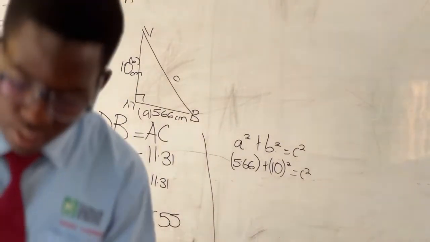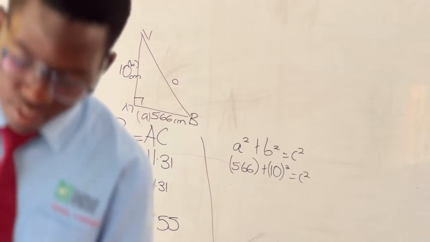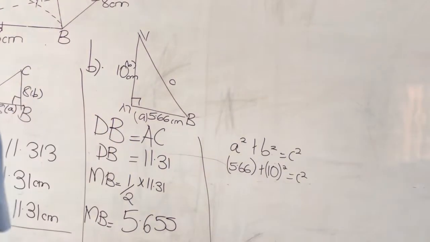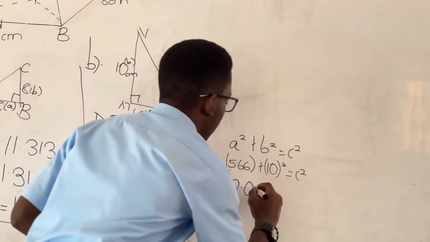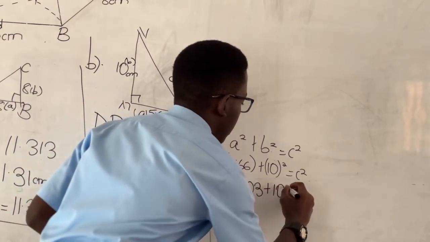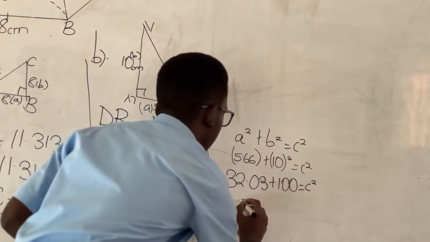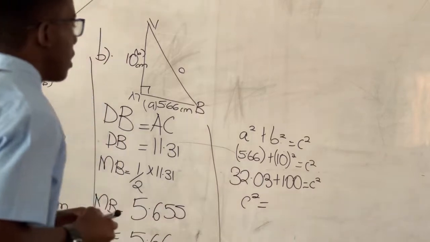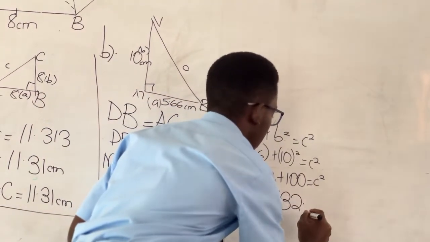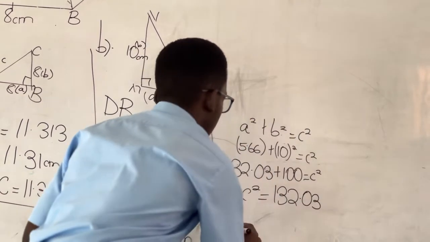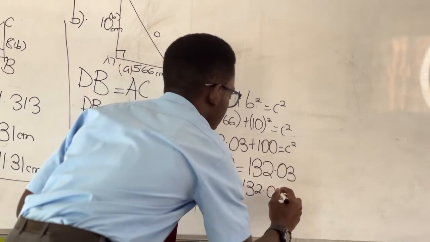5.66 squared, I press my calculator, is equal to 32.03. 32.03 plus 100, which is 10 squared, is equal to C squared. So C squared is equal to 132.03.